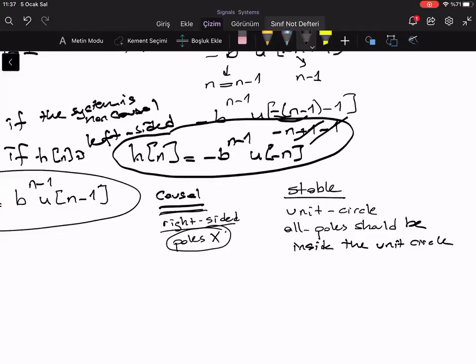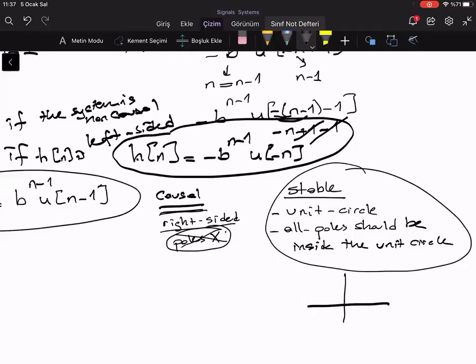So I mentioned this in a wrong way. It is about stability. If a system is stable, it should include unit circle, and all poles should be inside the unit circle. Okay, poles should be inside the unit circle. And it should be like that.